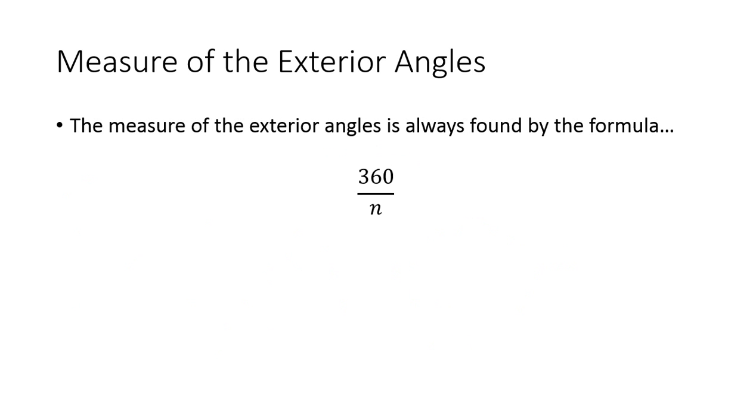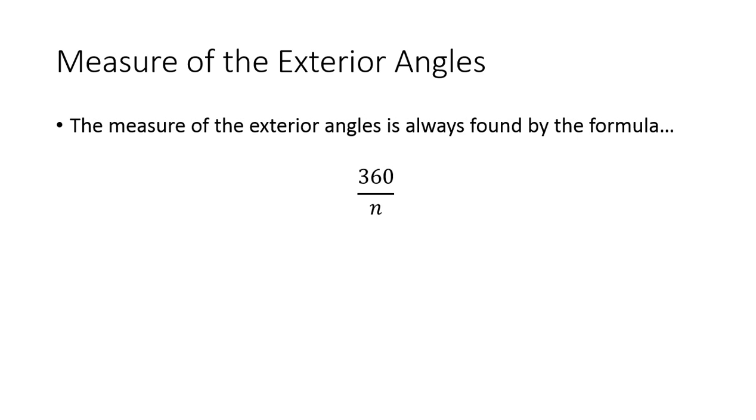Now, if you want to find the sum of the exterior angles, if we remember, the sum of the exterior angles must always be 360. No matter what shape it is, if you add up all the exterior angles, it has to equal 360 degrees. As you get more and more sides, that angle on the outside becomes smaller and smaller until it basically becomes nothing.